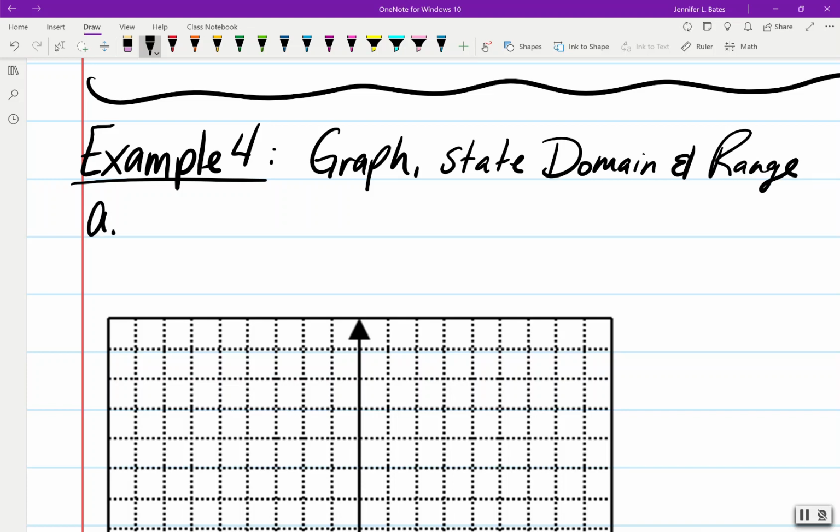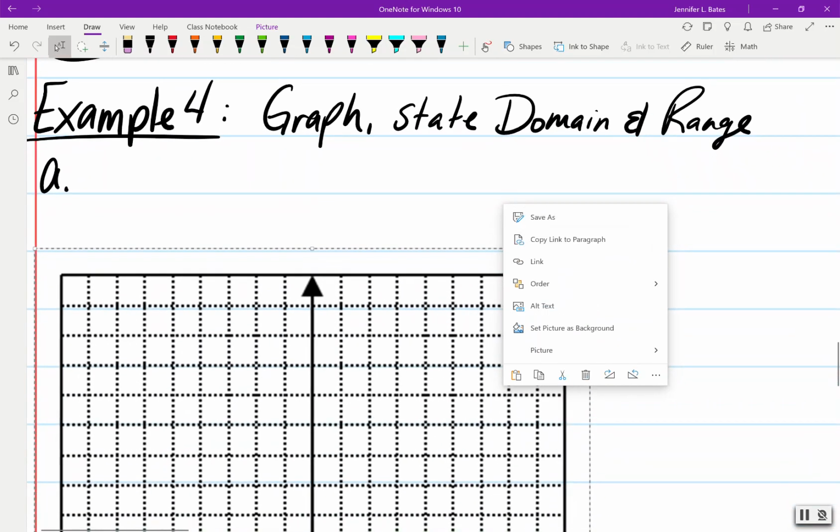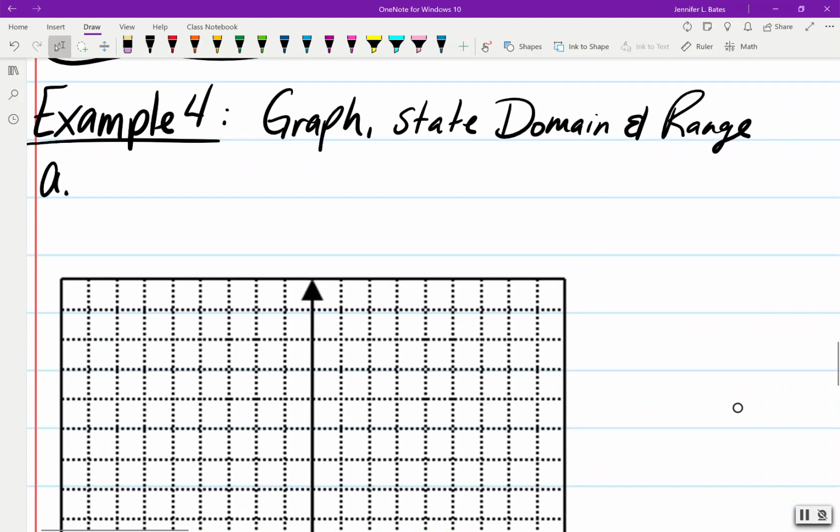So graph, state the domain and the range. We're going to do 2 functions that are pretty basic: no shifting, no stretching, compressing, no reflecting. And then we're going to do 2 that are a little more difficult.